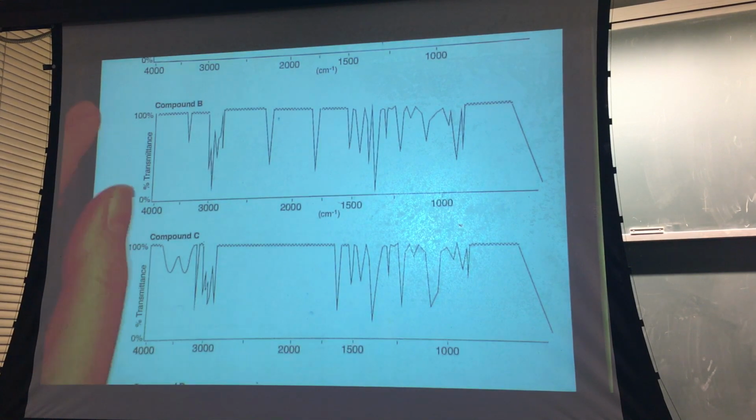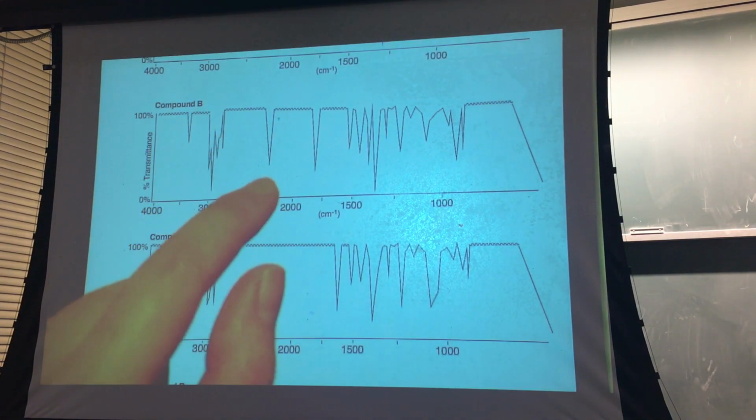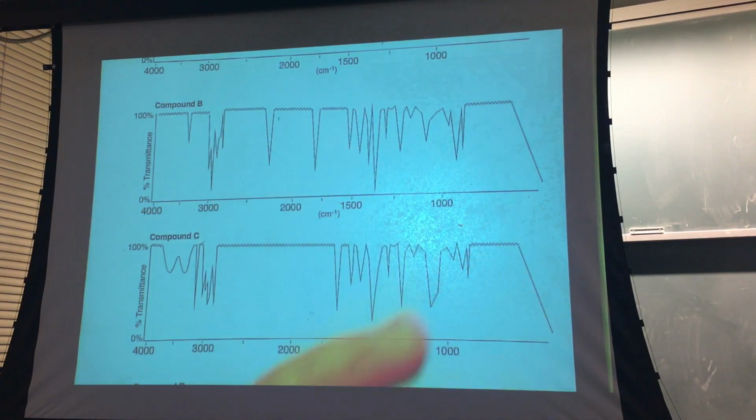So what Fourier transform does, the FT in FTIR, it means you do them at the same time. So you shoot the light at the same time. It's kind of like playing the piano. What I described previously is you press the keys one by one.